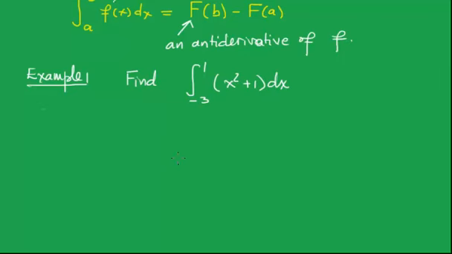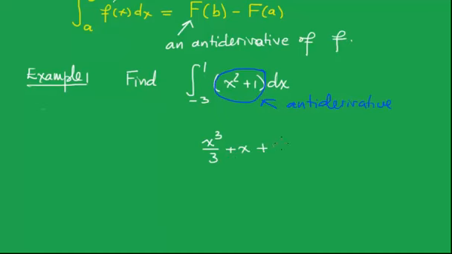Now, to use the FTC, the fundamental theorem of calculus part 2, the first thing to do is to find an antiderivative of this function. An antiderivative of this function is x cubed over 3 plus x.